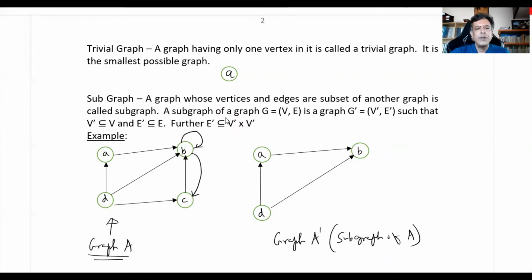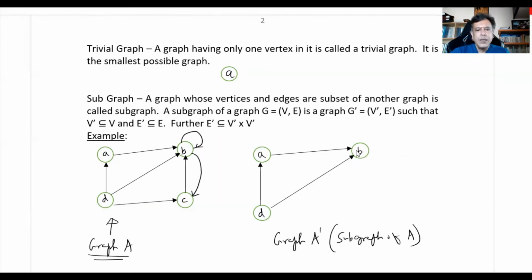A subgraph of a graph G, that is this graph, G equals (V, E), is a graph G dash equals (V dash, E dash), such that V dash, that means the vertex set of the subgraph, is a subset of the vertex set of the original graph.